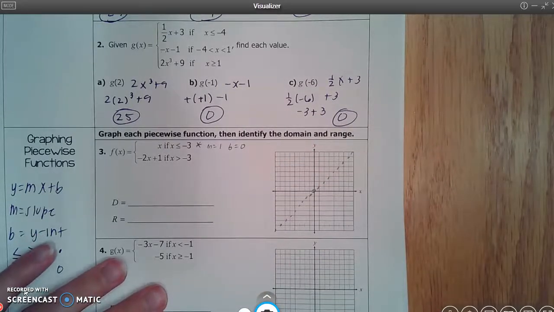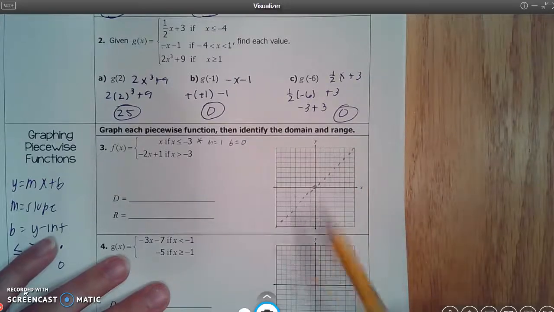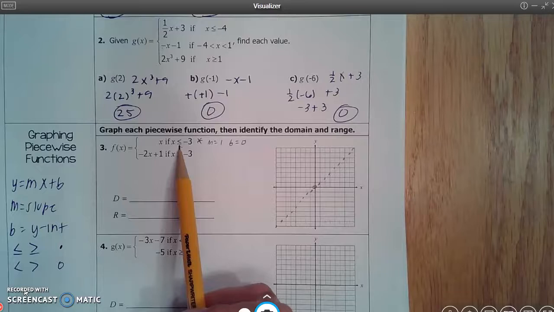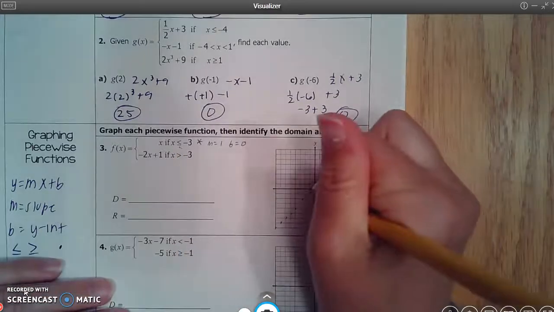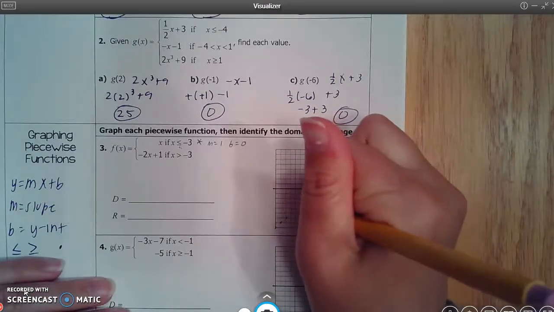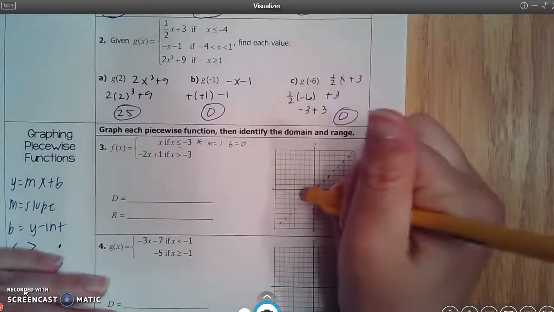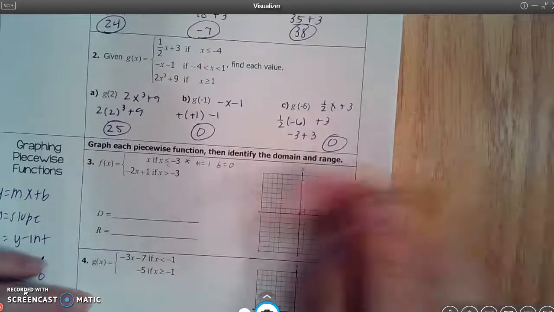Okay, then from here, I don't want all of these values. I strictly want numbers that are less than or equal to negative 3. So it means I'm going to go to negative 3, which should be down here. Pretend my line was perfect, but it's hard to see.